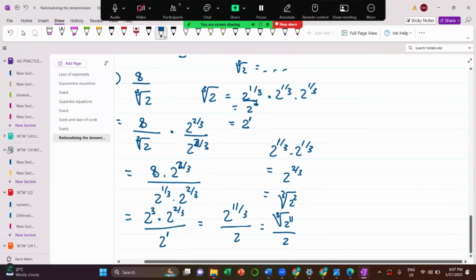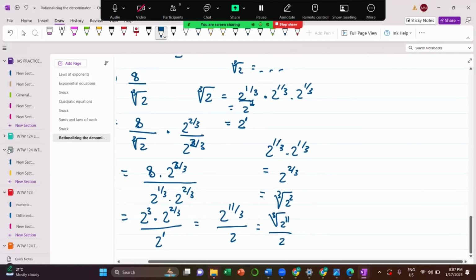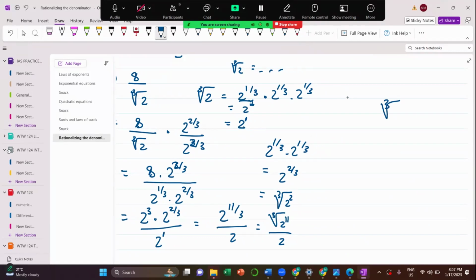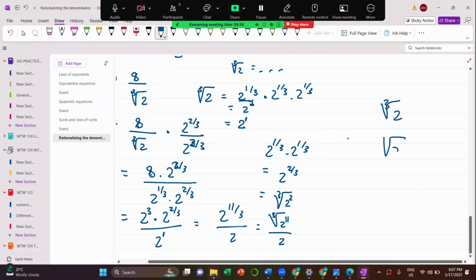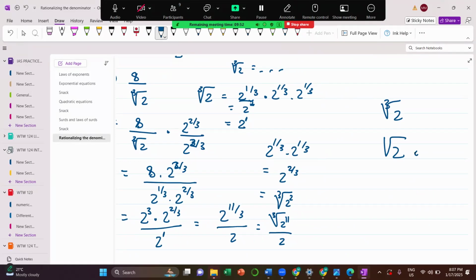So whenever you have nth roots, like now you had cube root of 2, it's not the same as square root of 2. For square root of 2, in order for you to get a 2, you have to multiply by another square root of 2 for me to get a 2.